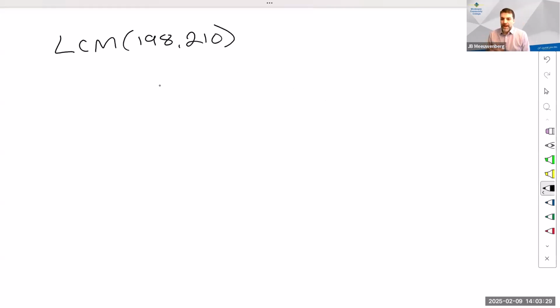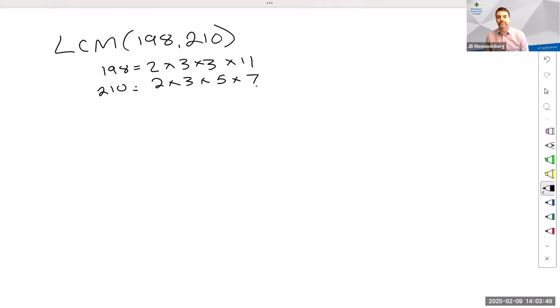I'm not going to show all the factor trees because we've done a lot of them. But what you should end up finding is that 198 is equal to 2 times 3 times 3 times 11, and 210 is equal to 2 times 3 times 5 times 7.